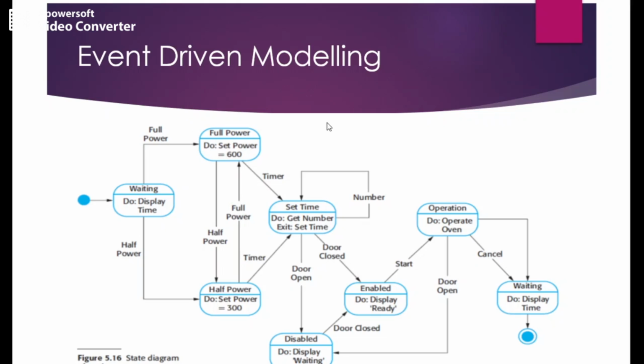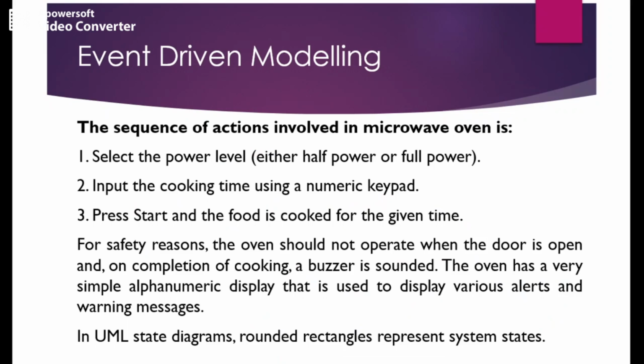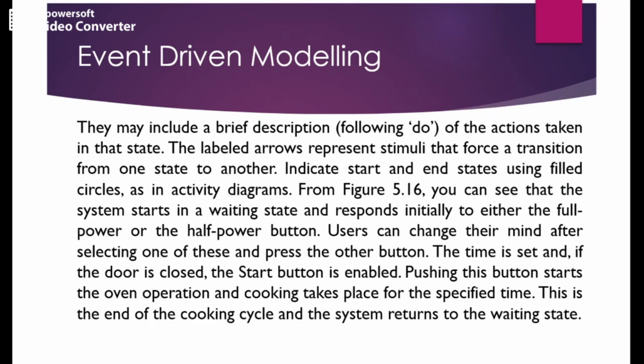They may include a brief description following do of the actions given in that state. The labeled arrows represent stimuli that force a transition from one state to another. Indicate start and end states using a filled circle, that we have seen.